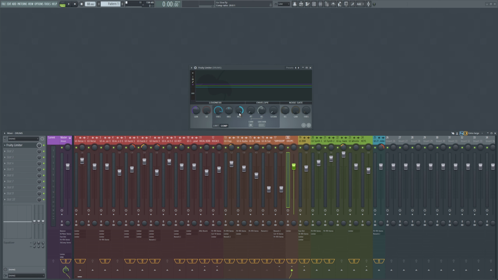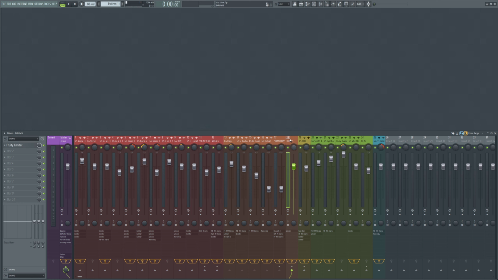Highest ratio 20, which in this case is 20:1. Fastest attack time, release is at 100 ms. What this does is it glues the entire drums, and it also gives it a little more presence, as this is in the drum bus.